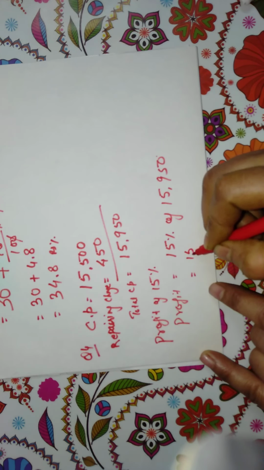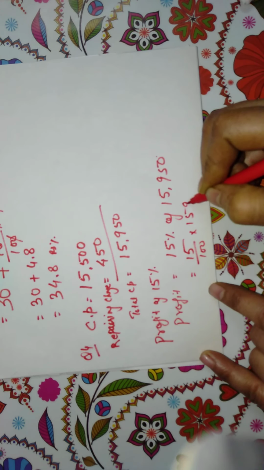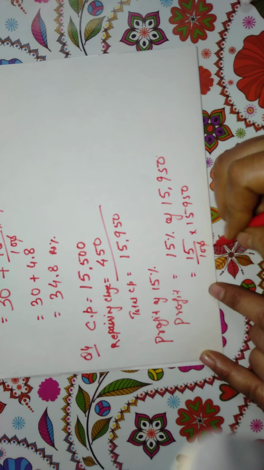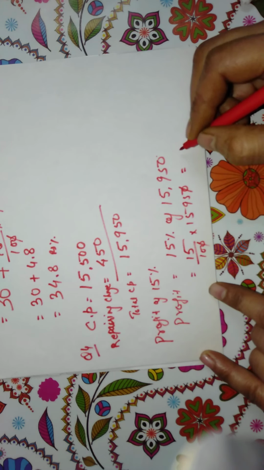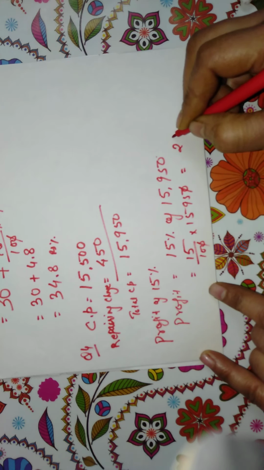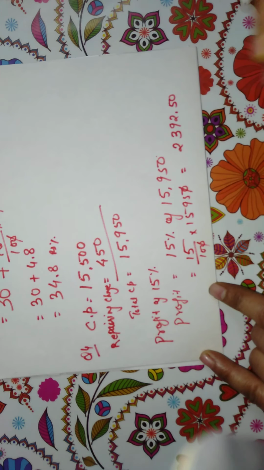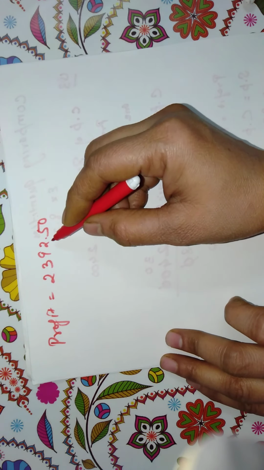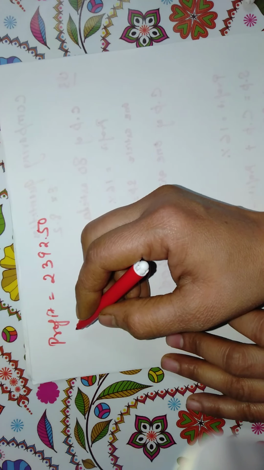So let us calculate 15 upon 100 into 15,950. On calculation of this we will get 2392.50. The profit is rupees 2392.50.